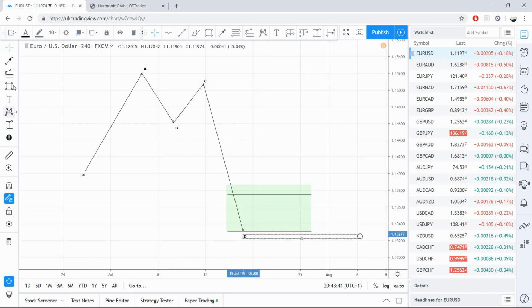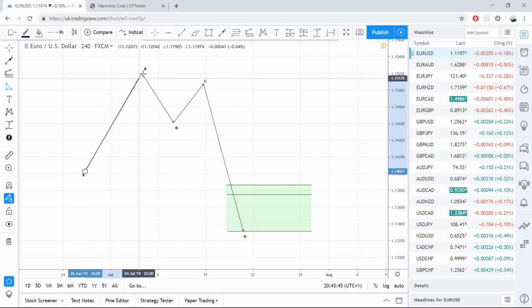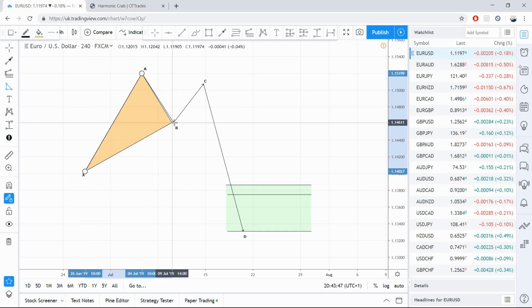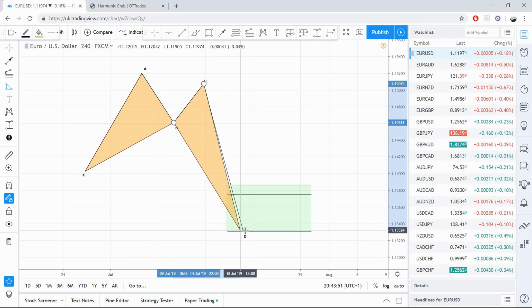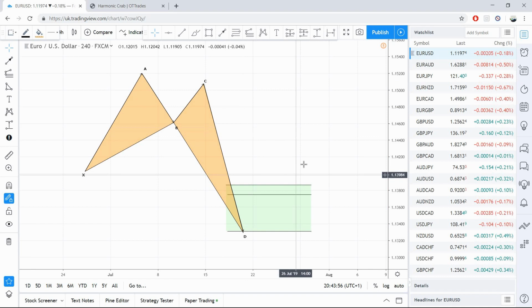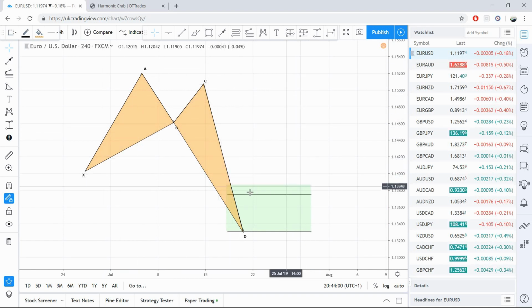It's quite a distance away from the rest of the pattern. Just join this up so you can see what the pattern actually looks like. There. So this is our crab pattern. This is our harmonic crab pattern.